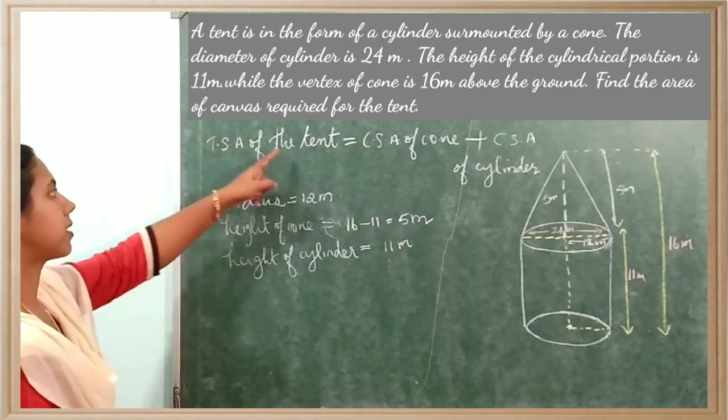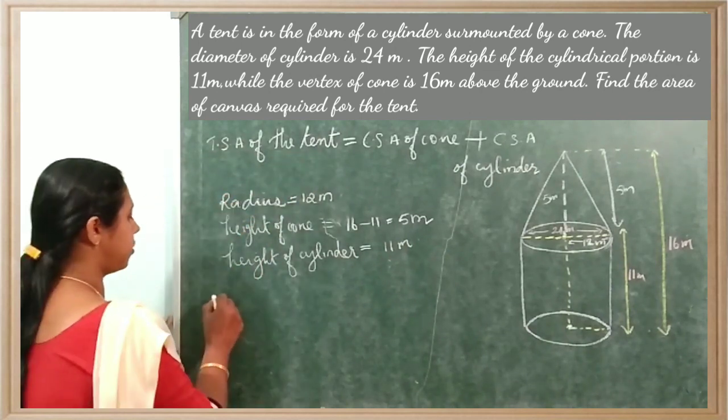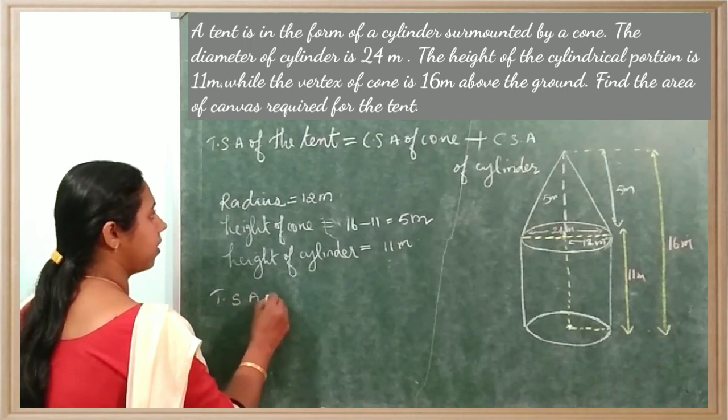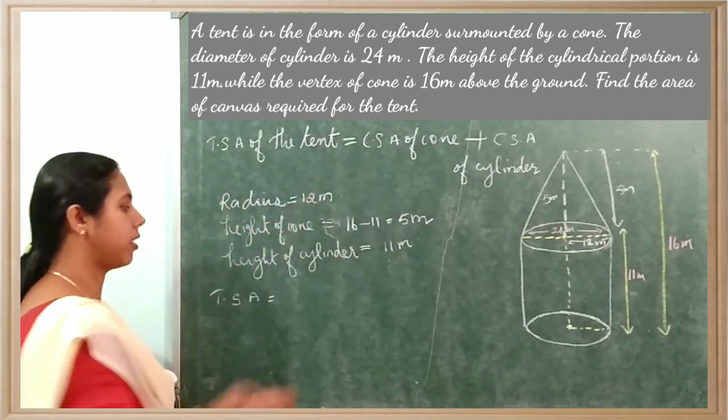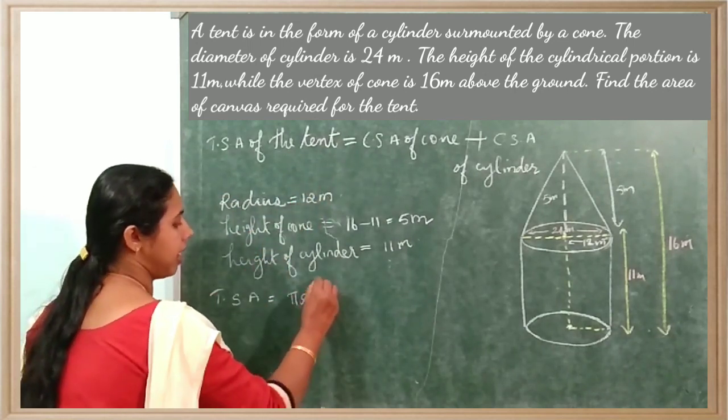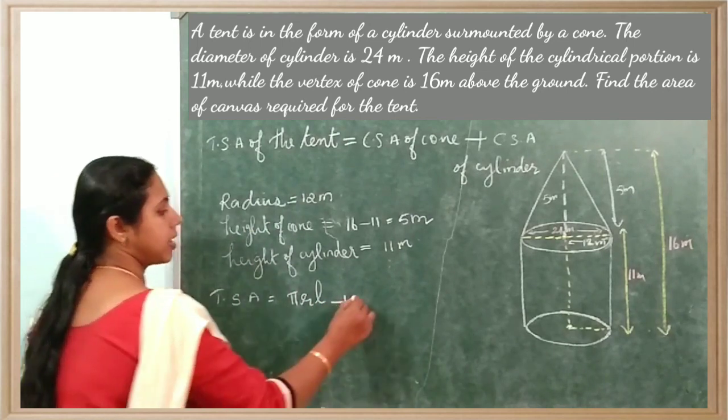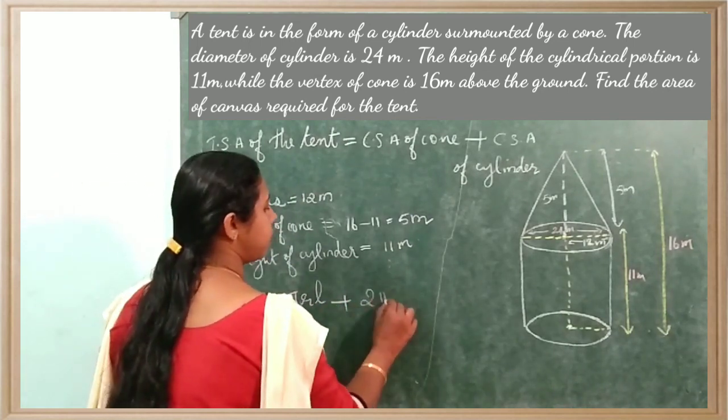So total surface area of the tent is equal to curved surface area of cone, that is pi r l, plus curved surface area of cylinder, that is 2 pi r h.